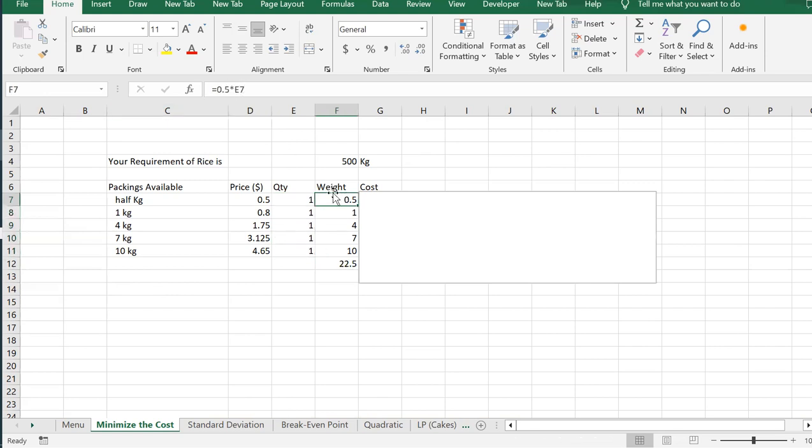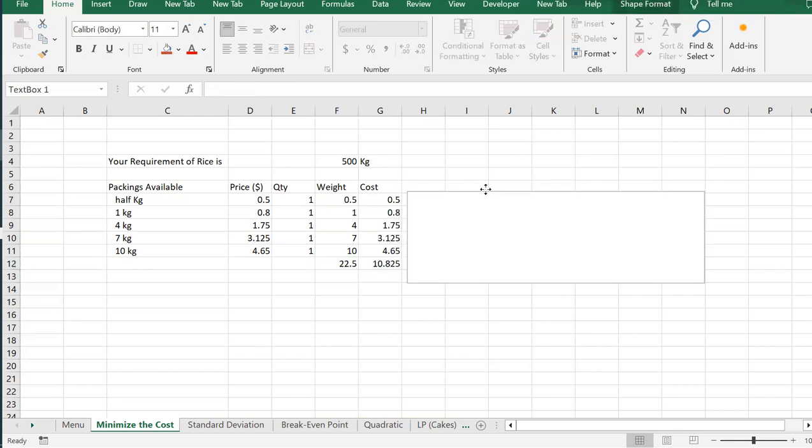So multiply this with this. Okay, so this is the multiplication of the weight, and we have the target. This is going to play as a constraint for us, that this total amount should not go below 500.